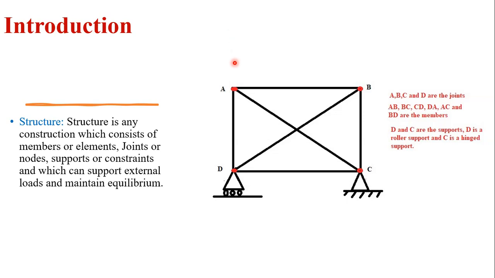Here, if load is acting at joint A, the load will be transferred to members and members will transfer the load to the foundation or to the supports. This is a truss, and a truss can carry loads acting at joints only. So this assembly, which consists of different members connected to each other with the help of joints and supported on proper supports, is called a structure.